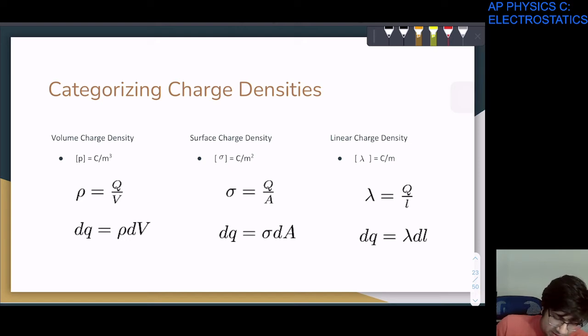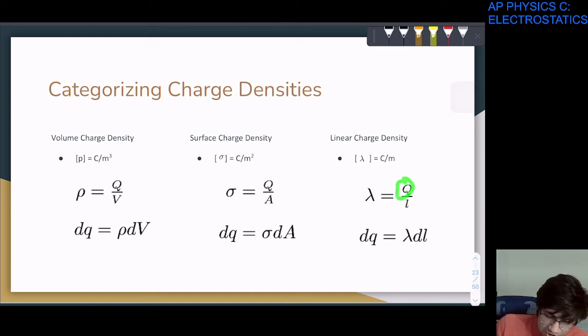Now for 2D, it's very similar. Sigma, the variable we use in the 2D case, is equal to the charge of the sheet divided by the area of the sheet. This is for a constant charge density. In differential form, a little bit of charge is equal to our density times a little bit of area. For the linear case, it's very similar.